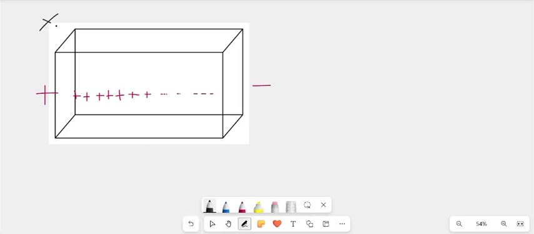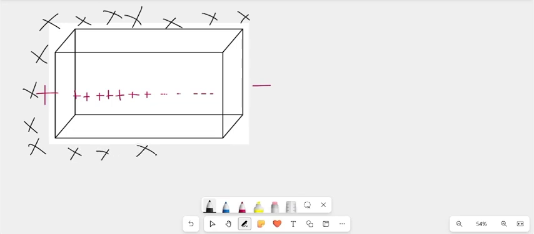I'll just quickly draw that magnetic field. So if we place that in a uniform external magnetic field, one thing you need to do is determine the direction of this magnetic field. In this case, it's going inside the page.